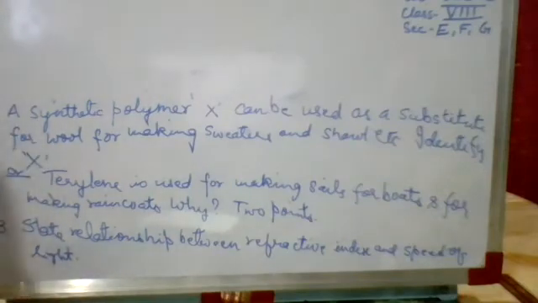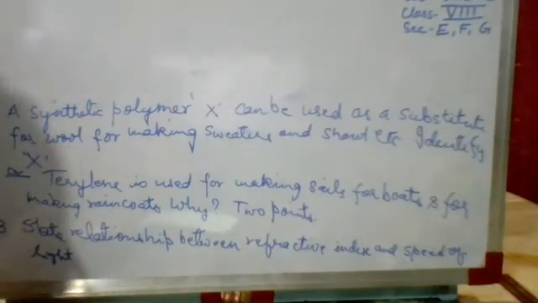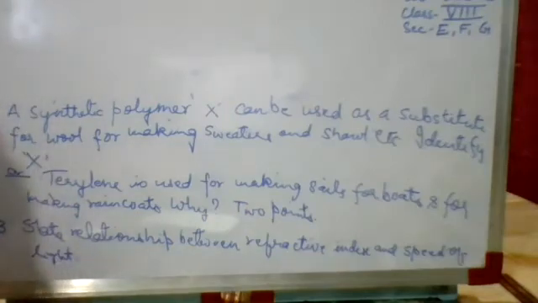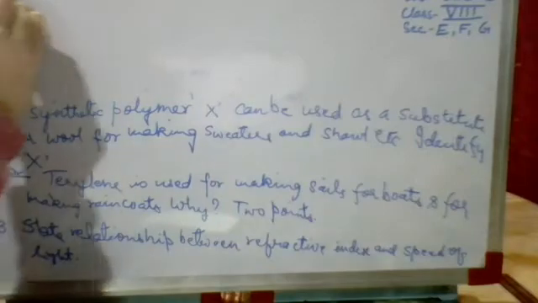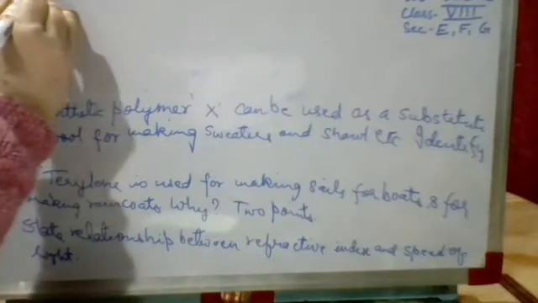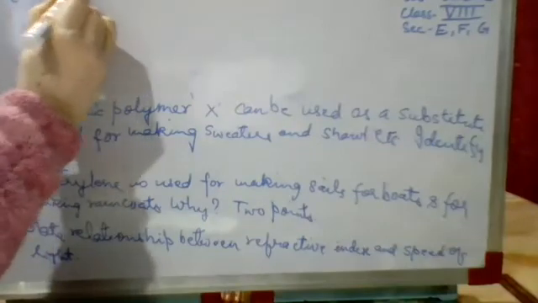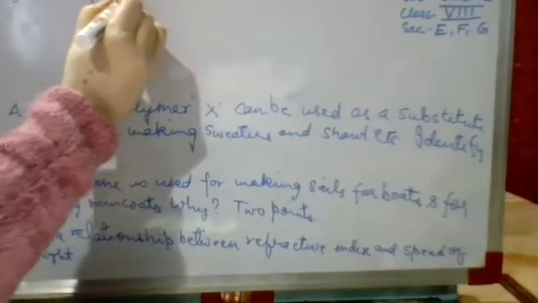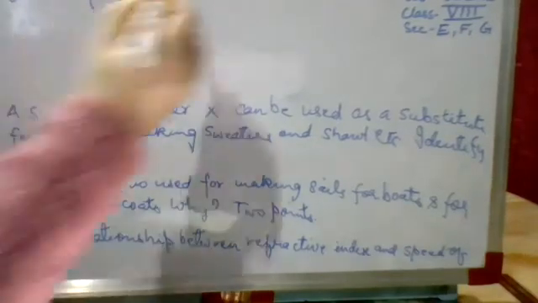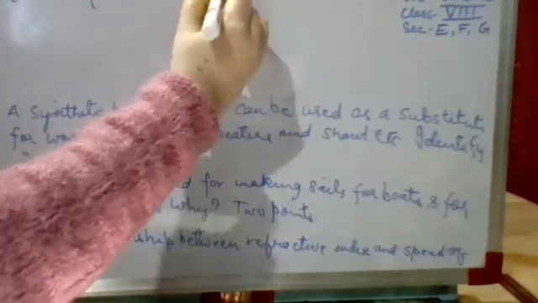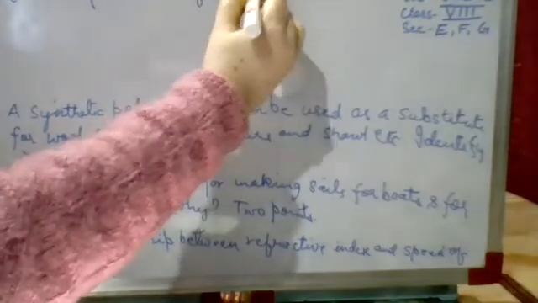Take the relation between refractive index and speed. Third one, fourth one. At what position of the object does a convex lens act as a magnifying glass? Fourth one.